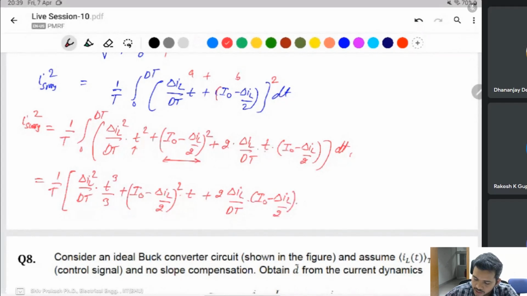This one t is t square divided by 2 only, from 0 to dt. Replace t with dt.